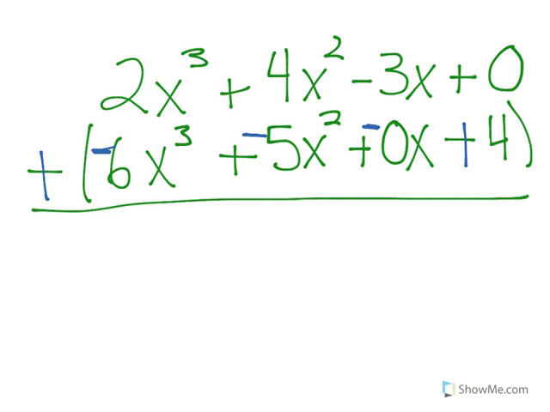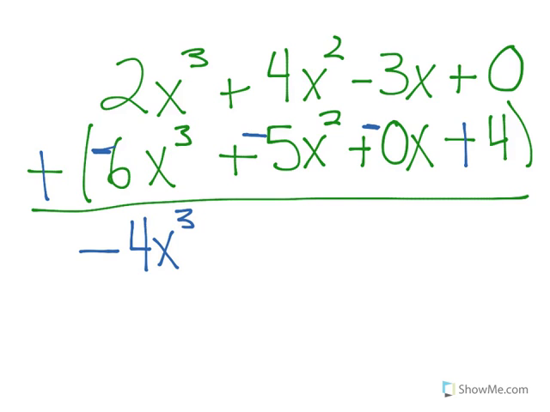So now I have 2x to the third, and I'm taking away 6x to the third, so I'm down 4 of those same terms, negative 4x cubed. My next term is the x squared terms. So I have 4x squared, and I'm going to take away 5 of that same type of term, 5x squared.